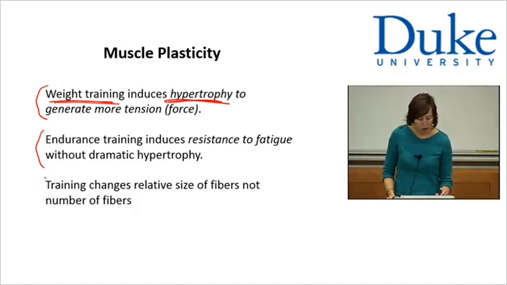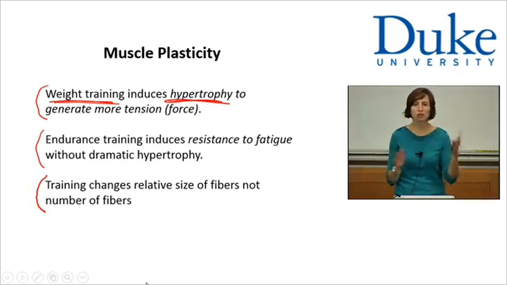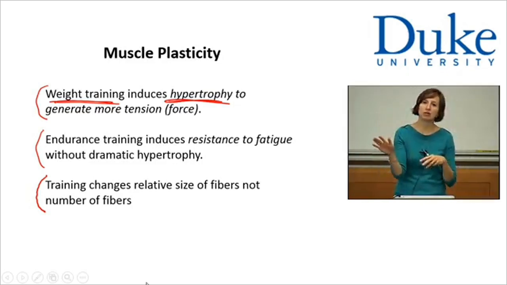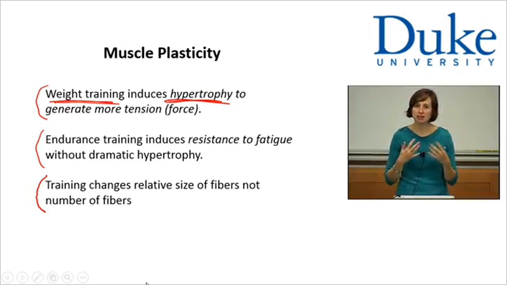It's thought that training is going to change either the size of the fibers or the metabolic capability of the fiber, but not the number of fibers or the type of fibers. That you're probably born with a certain ratio of slow oxidative fibers versus fast glycolytic fibers, and that's not going to be very changeable.